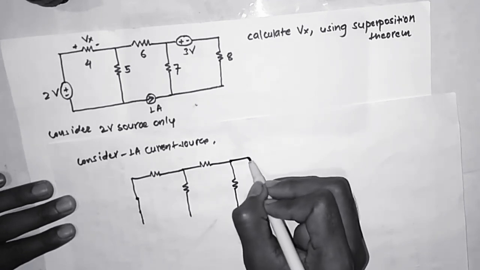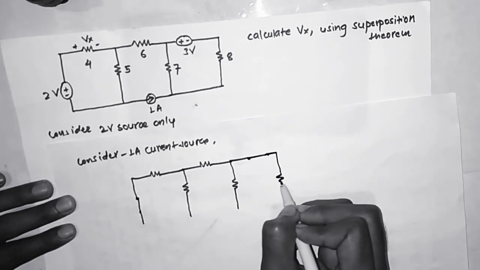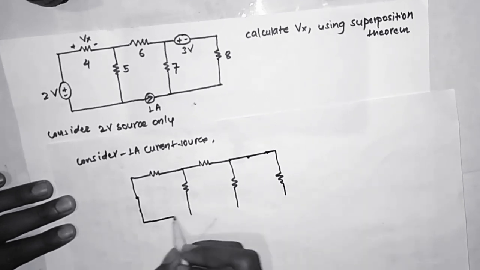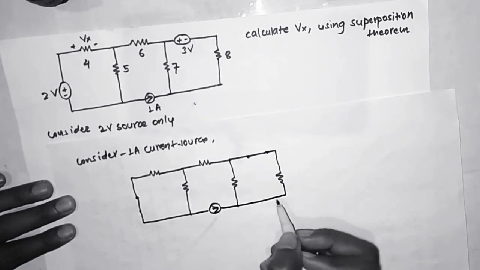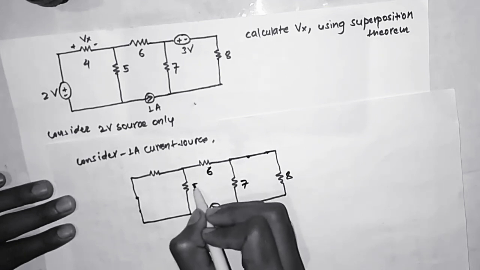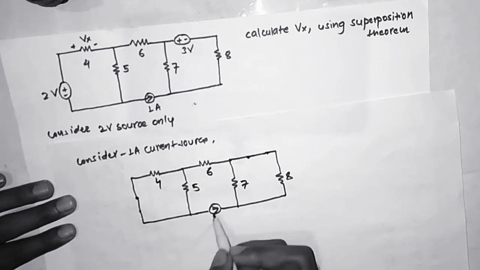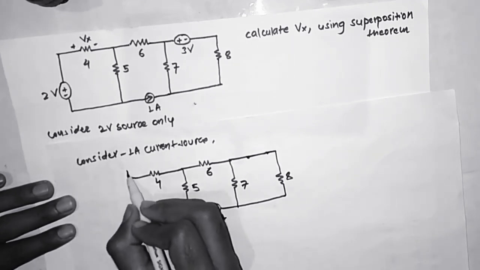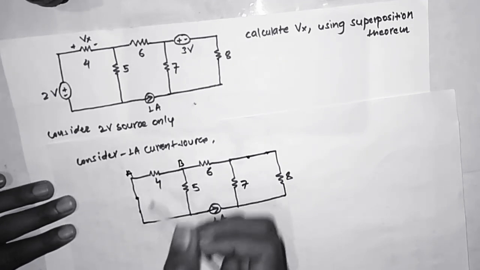Here we have 8, 7, 6, 5, 4, the voltage sources short circuited, and here we have the 1 ampere current source. Let us assume this point as A, and here we have B.